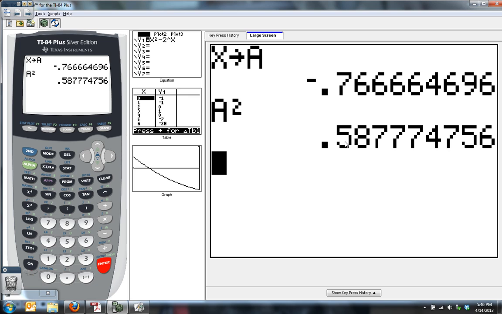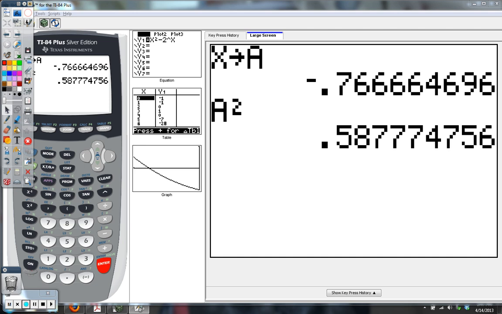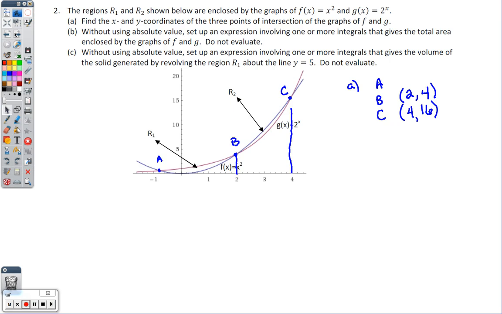So 0.5877747 blah blah blah, right? Or in other words, for us, 0.588. Okay? So there's both of our values. And I can go back and write those in. So I have negative 0.767 and 0.588. Okay, that's part A.